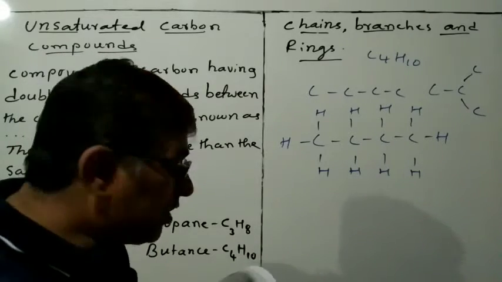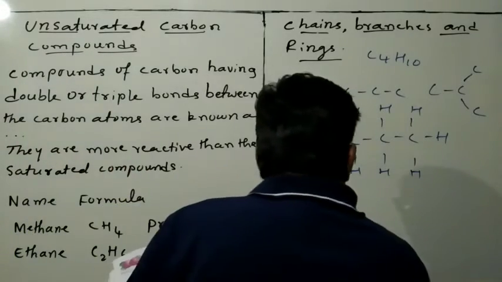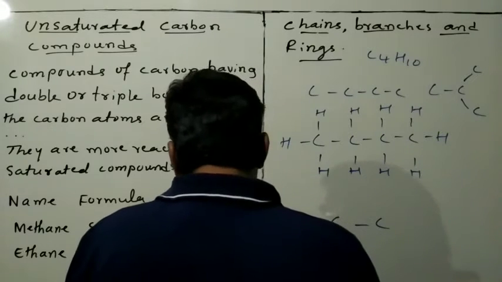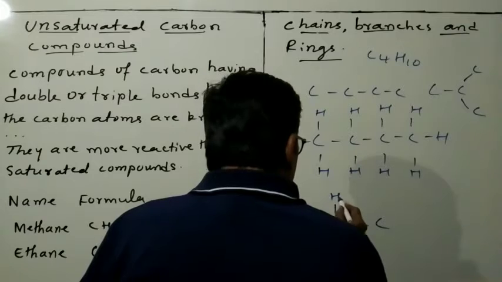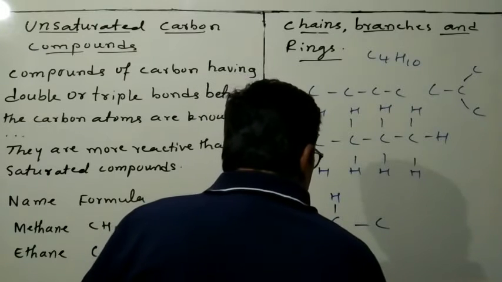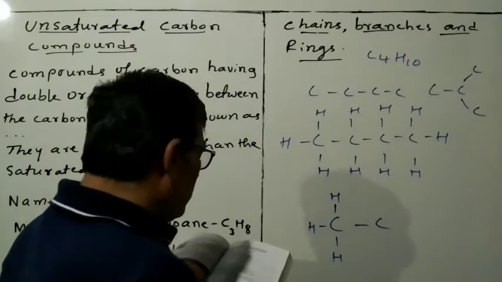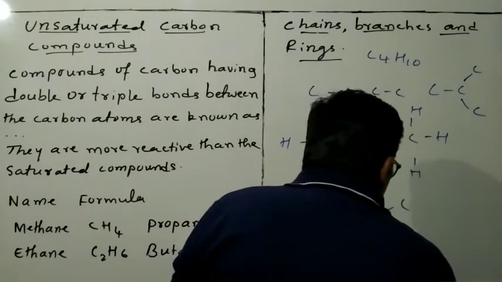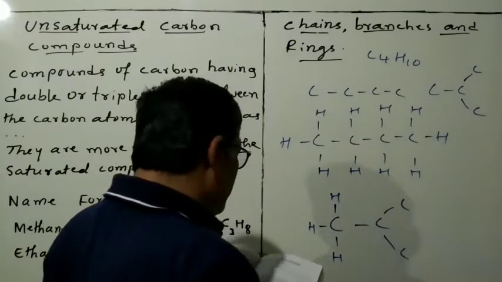And another structure, look here, this one and this one. Okay, here you know that 3 carbon, here hydrogen, basic 3. Okay, then make like this here and here like this.